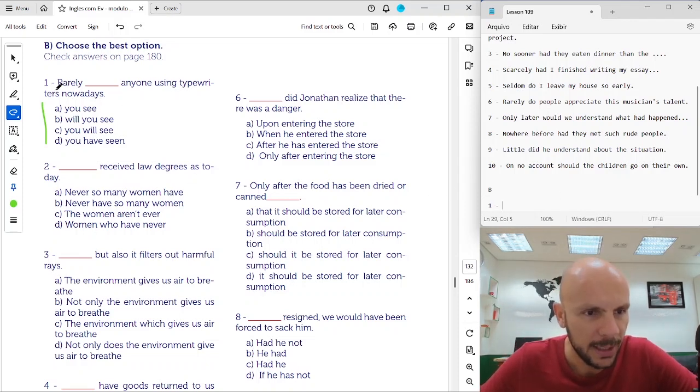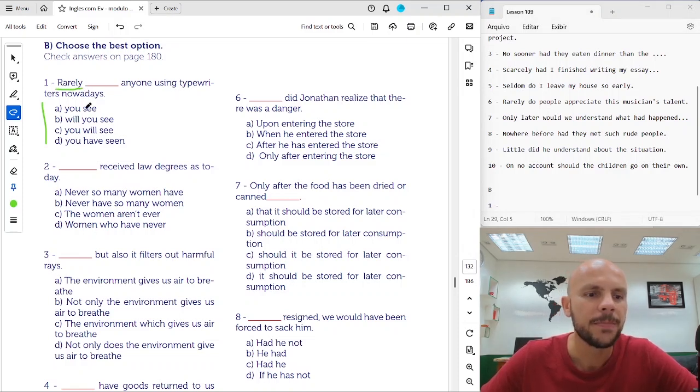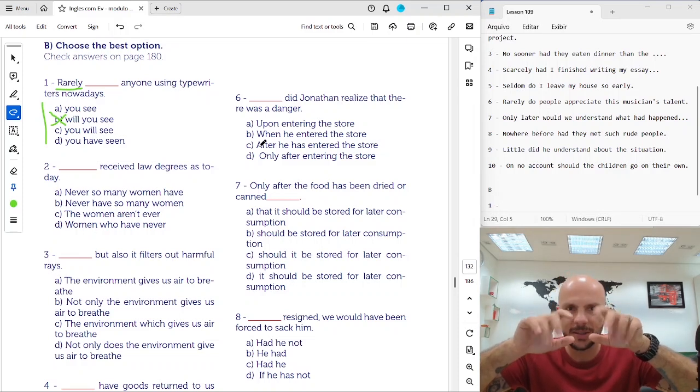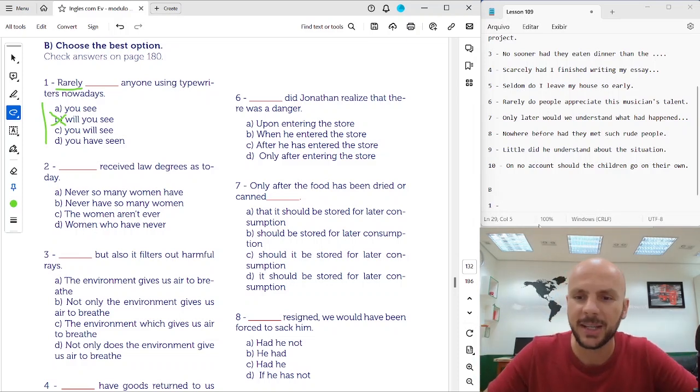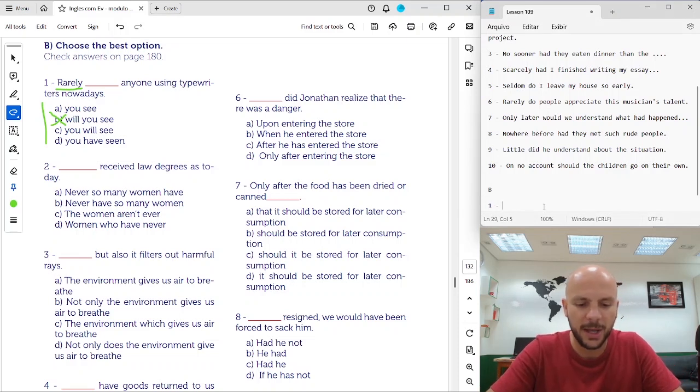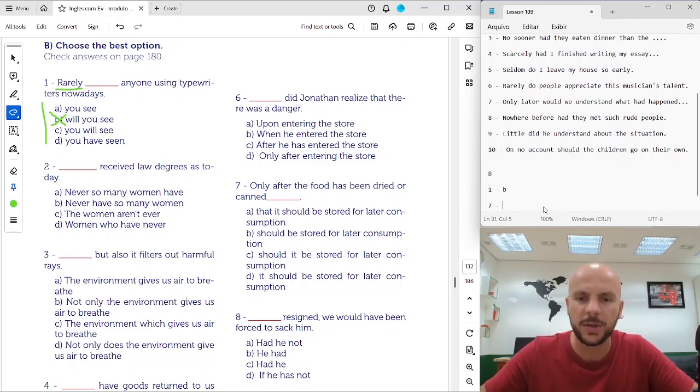Rarely, starting from the adverb, rarely will you see, because I need the auxiliary. Will is an auxiliary. So rarely will you see anyone using typewriters nowadays. So 1 letter B. 2.